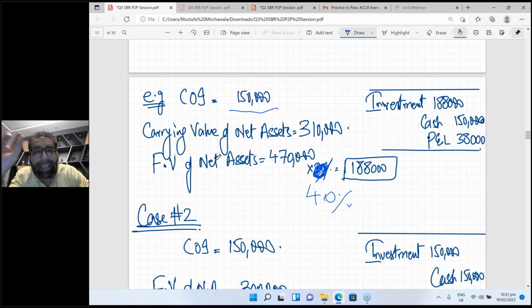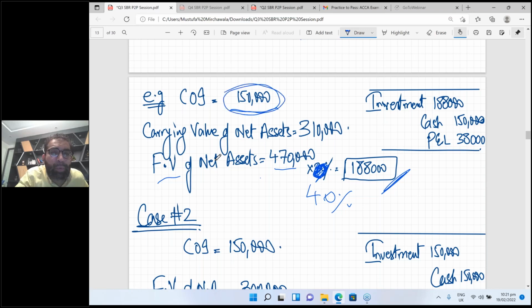Leave this carrying value, the real thing is fair value. The fair value of net assets of this complete company is 470,000. What is your share? It's 40%. So 470,000 multiplied by 40% will give you 188,000. Now just think, you paid how much?